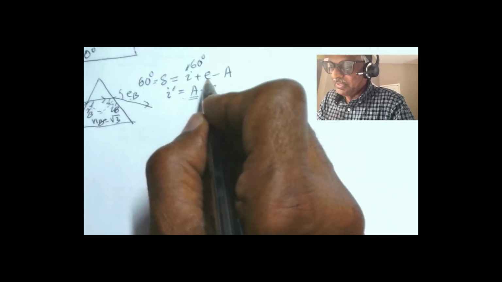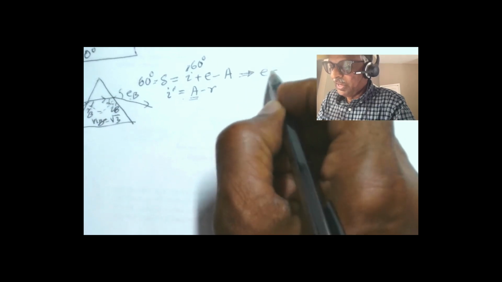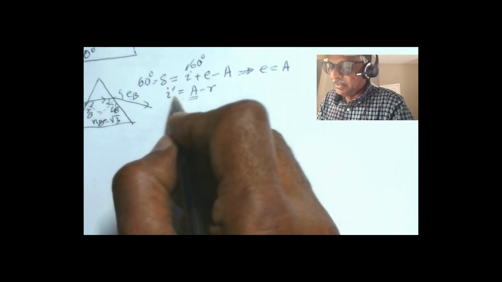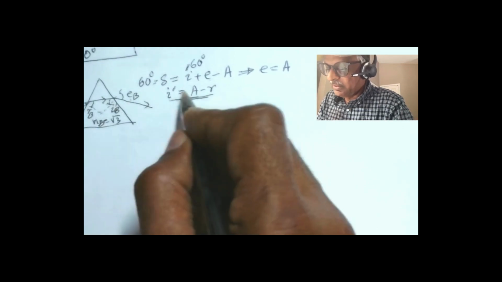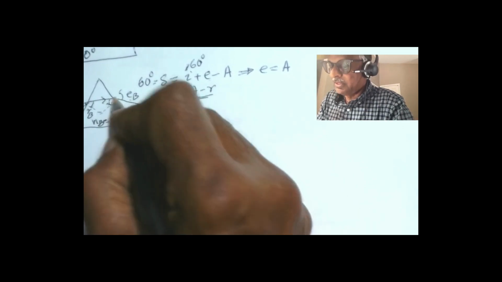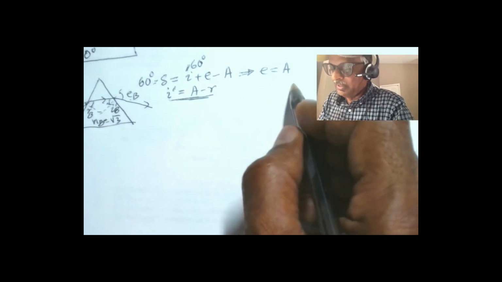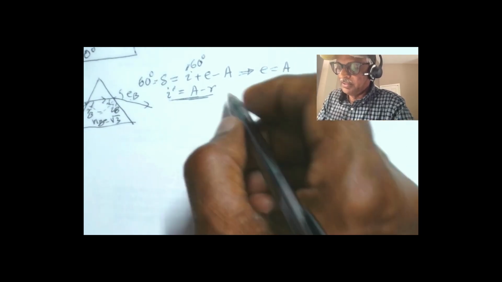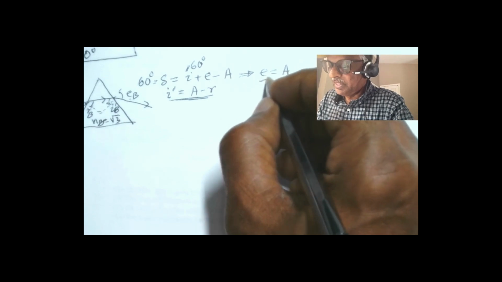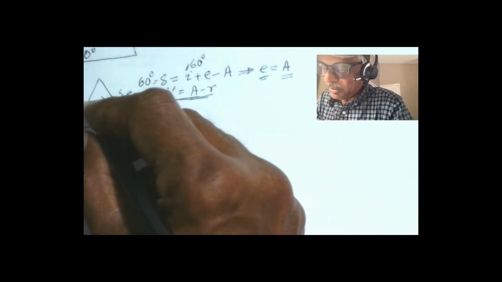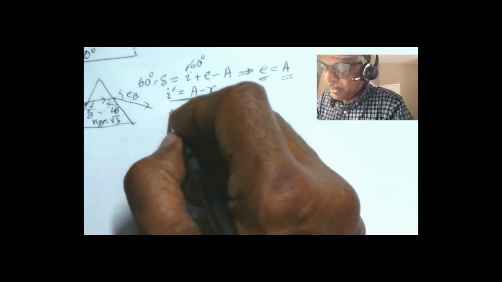So you can see that from here E equals A. So refraction here, the relation of this with that, and then refraction here, will give me an equation in A. We should use this to set up an equation in A.